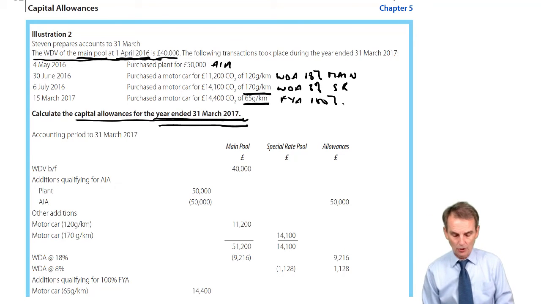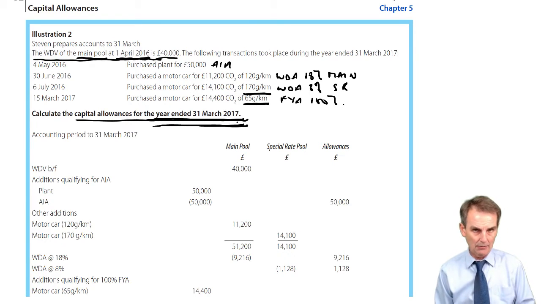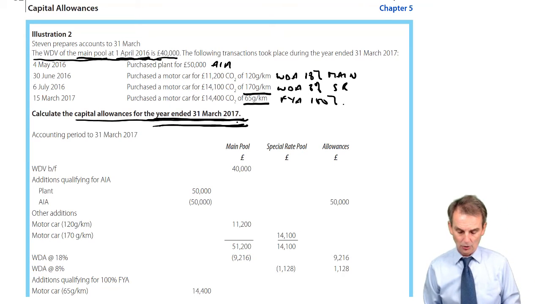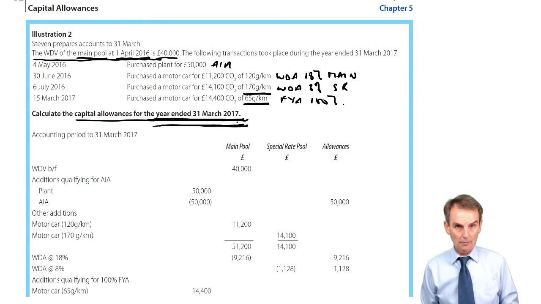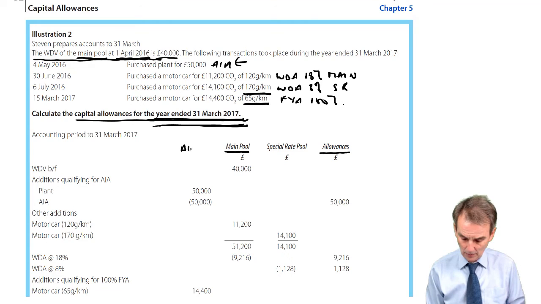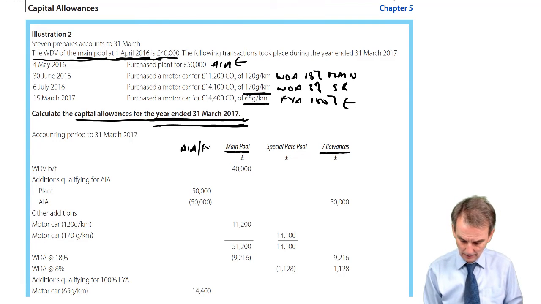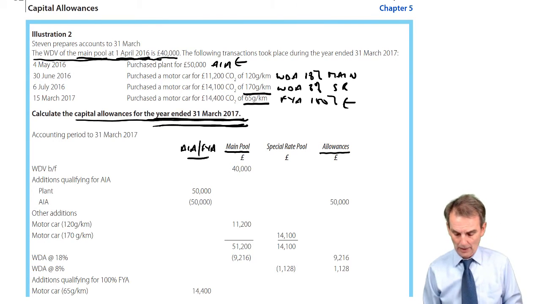So in relation now to the computation to prepare, before you put pen to paper listing out these items, dealing with the individual issues, what needs to go on our computation? Always on the far right-hand side of the page, the allowances. We inherited a main pool. We discovered early on that there was expenditure that would qualify for AIA, so we would need the AIA column. We discovered later on that there was FYA expenditure that can be listed in this column as well.